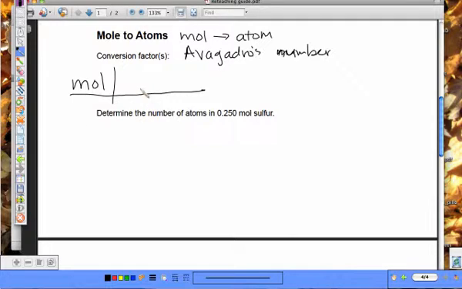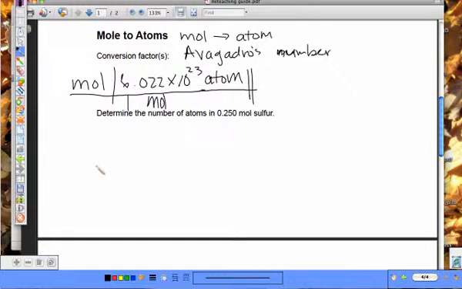What units are going to go here? Moles on top or bottom? Bottom. And 1 mole of a substance has how many atoms? Does it matter what element we're dealing with? No. So that's what we'd have. Our moles cancel out. That's how many atoms are in 1 mole, so it's always 1 mole.